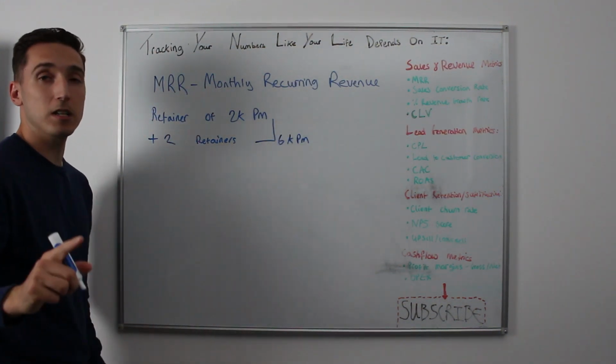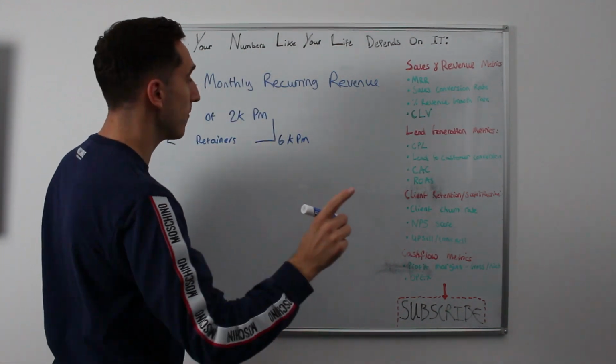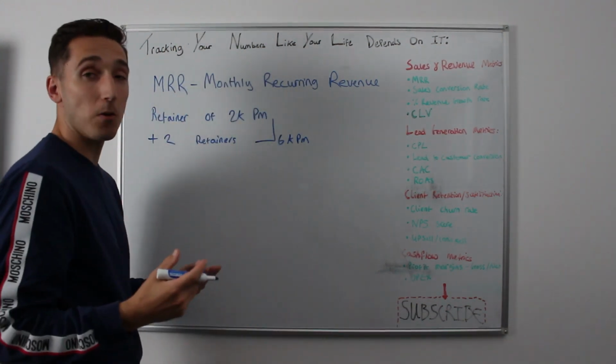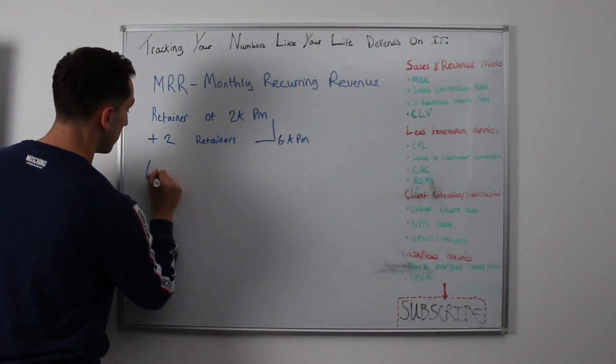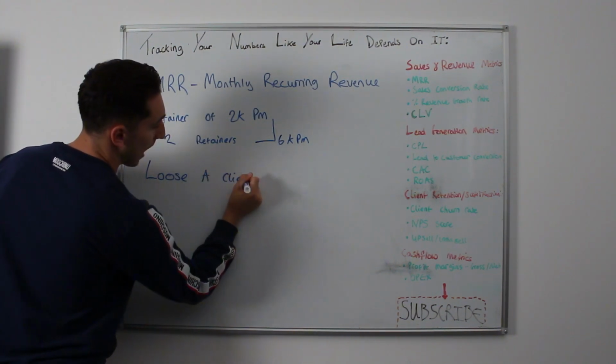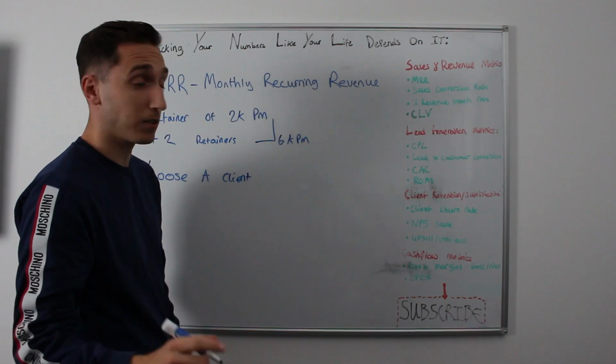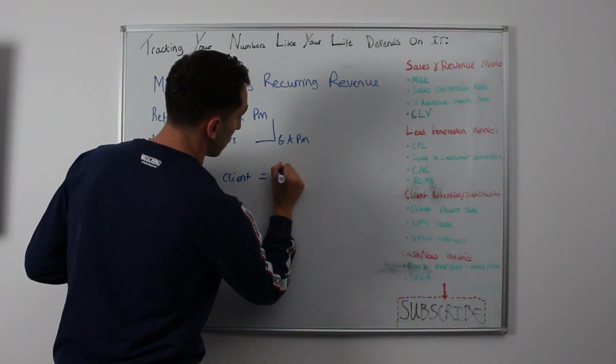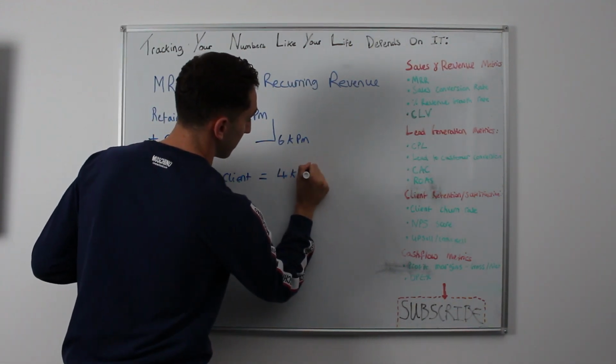However, the reason why we need to track our monthly recurring revenue is because, as we know in this space, we might lose a client, which means our MRR all of a sudden will drop to 4K per month.